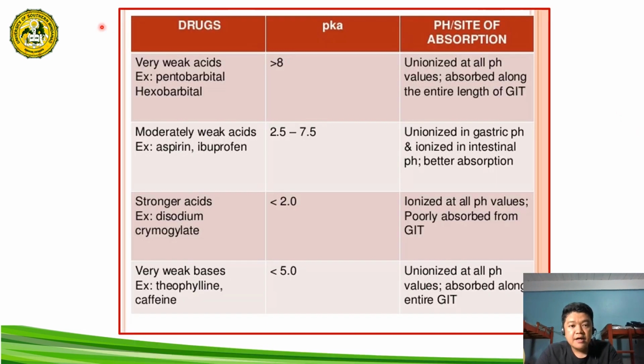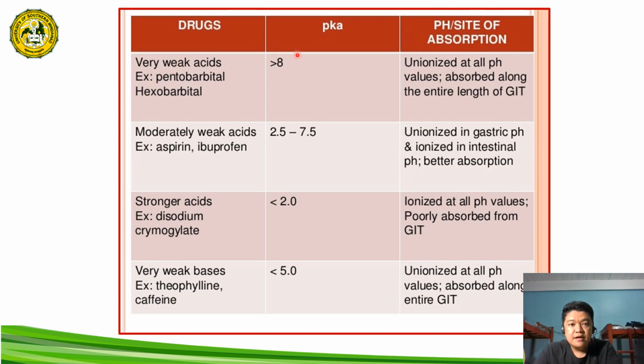We also have here different examples of drugs based on the strength of their acidity and the strength of their basicity. And we also have here a comparison of the different drugs in terms of their pKa value and their absorption. So for example, we have here our very weak acid drug. This very weak acid drug has a pKa value of greater than 8. An example here is pentobarbital.